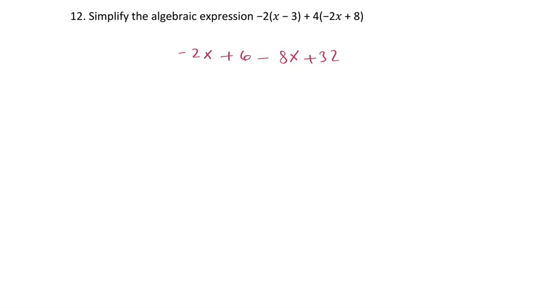Next, let us collect the like terms. We have -2x minus 8x plus 6 plus 32. Solving this, we have -10x plus 38. And this is going to be our answer.